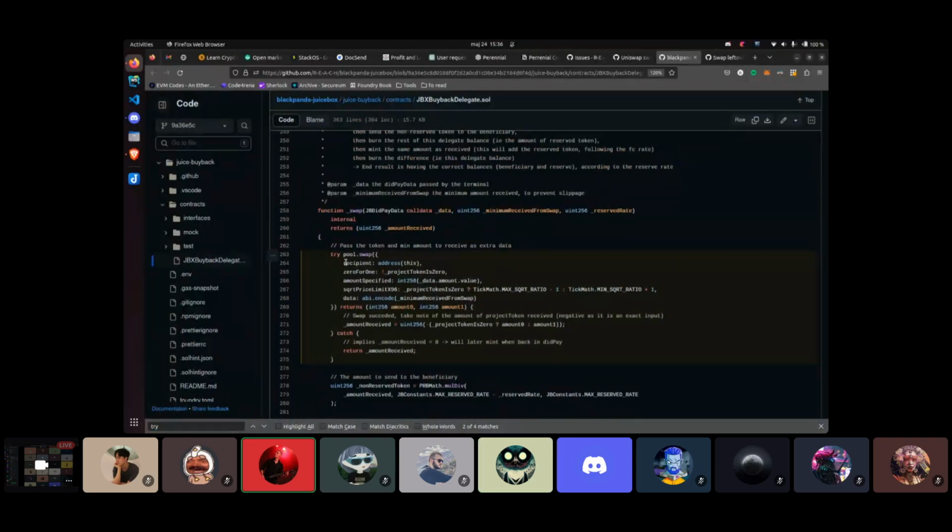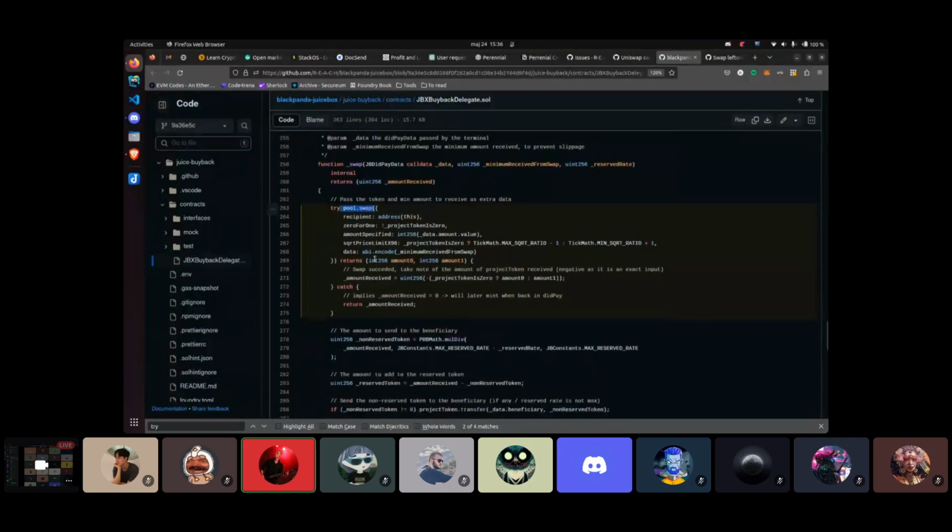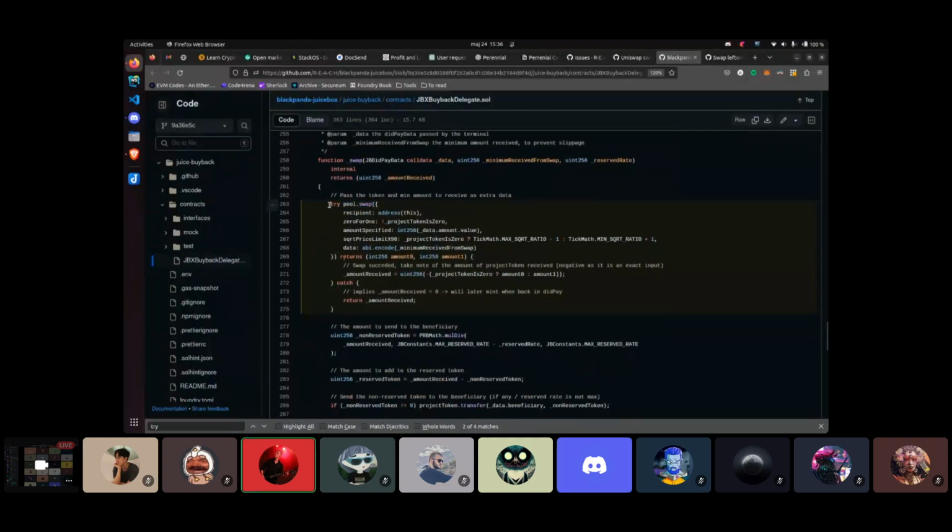If you want to swap, you are using Uniswap v3, and they are doing a try catch, so if this call, the pool swap, fails, it goes through the catch.